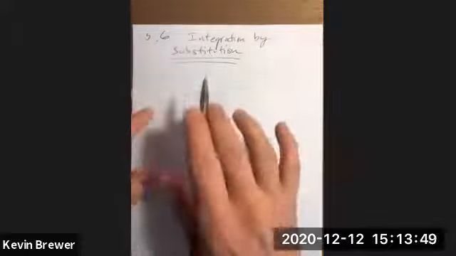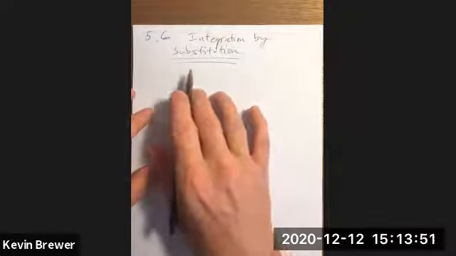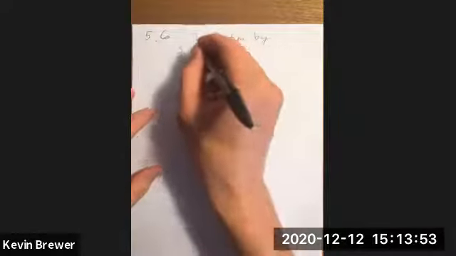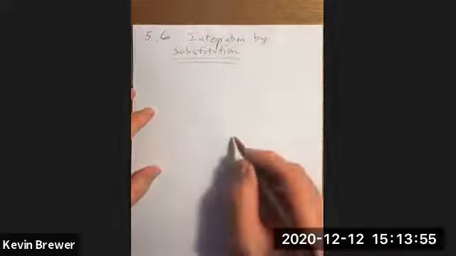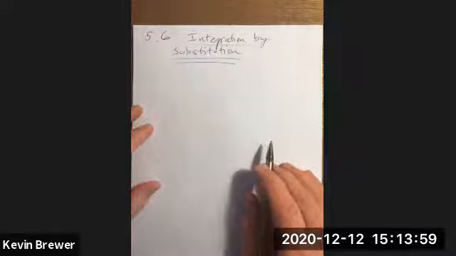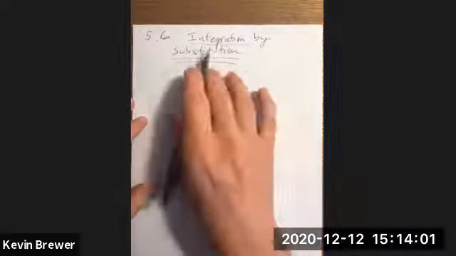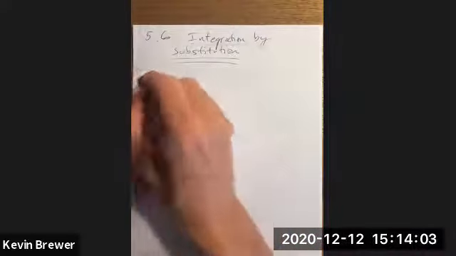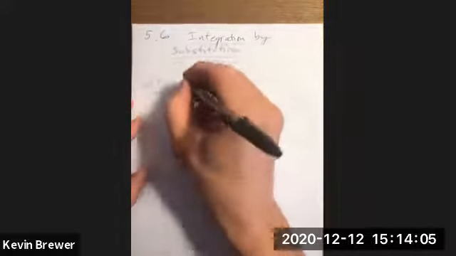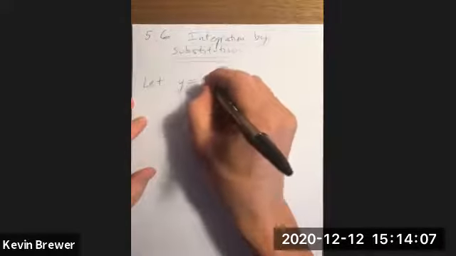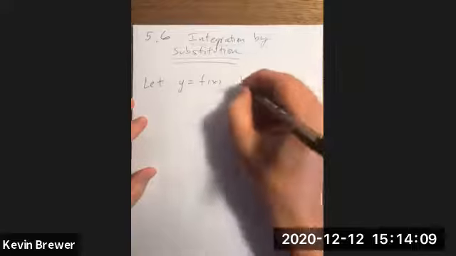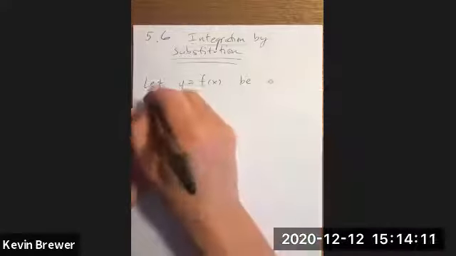So in this first part of the lecture, I'm not actually going to get to any examples of using the method. We're just going to build up a few pieces that we need in order to understand integration by substitution. So to that end, let y equal f of x be a differentiable function.